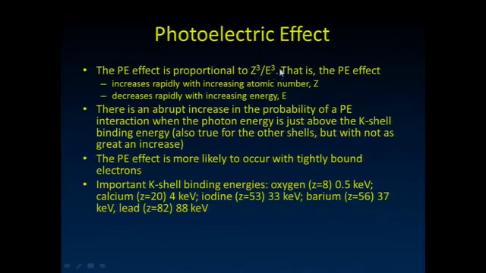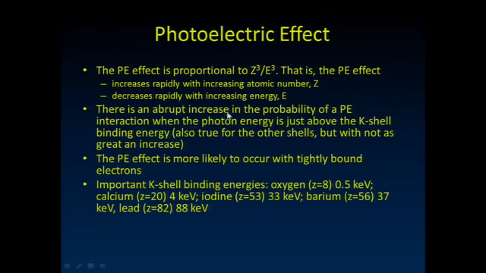As we go from 10 keV to 100 keV, 10 times 10 times 10 is 1,000, 100 times 100 is 10,000, times another 100 is 1 million. The denominator gets big very quickly. The probability of this interaction drops precipitously.